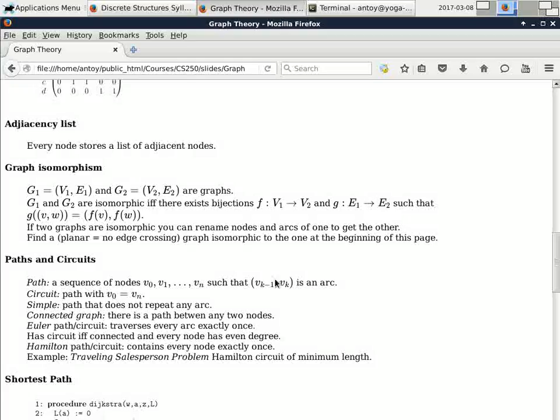I want one more property: if E1 is an edge from A to B, like it is here, N1 is an edge from F of A to F of B. All right? So this is the key point. N1 is equal to what? G of E1.